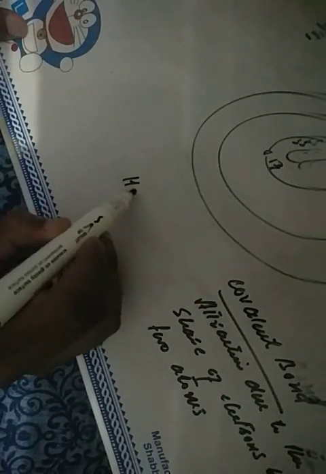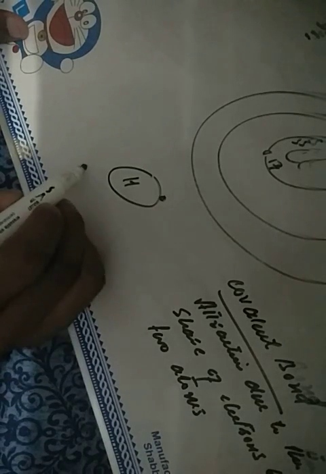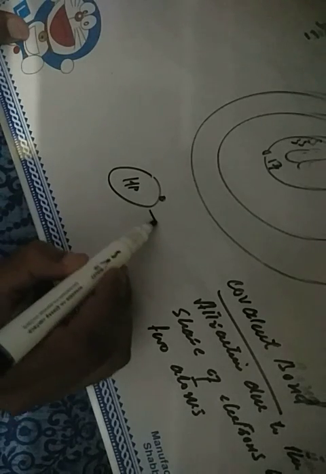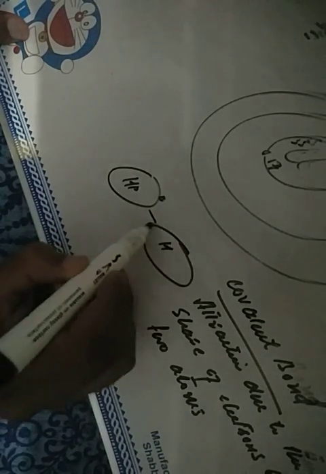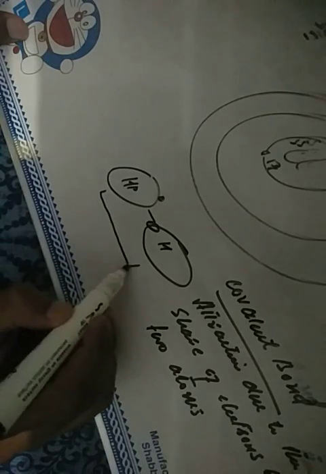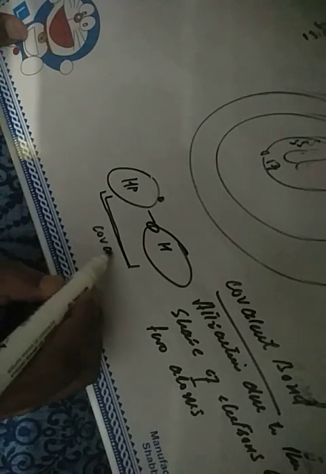For example, hydrogen is a non-metal. It has only one electron in its outermost shell and one proton in its nucleus. When it combines with another hydrogen atom, they share their valence shell electrons. This way they both get stability, and this bond, formed by the mutual sharing between the two non-metal atoms, is called the covalent bond.